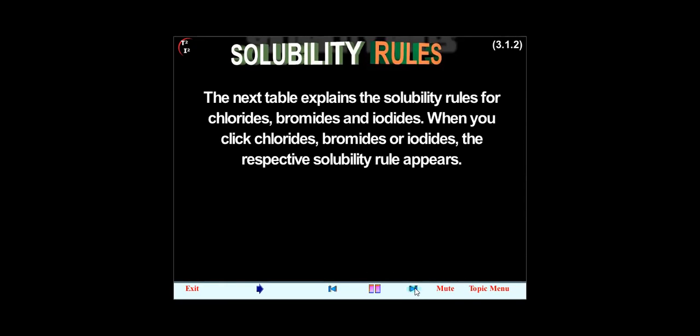The next table explains the solubility rules for chlorides, bromides, and iodides. When you click chlorides, bromides, or iodides, the respective solubility rule appears.